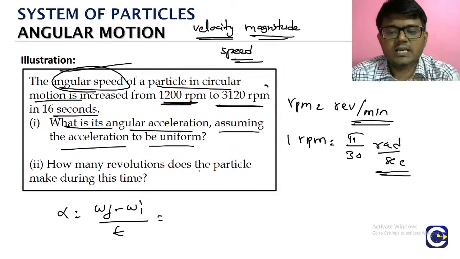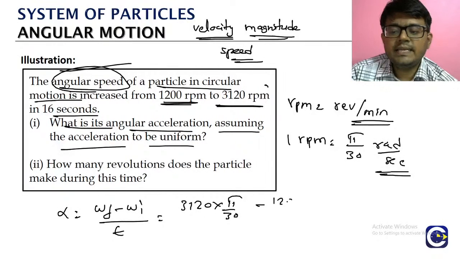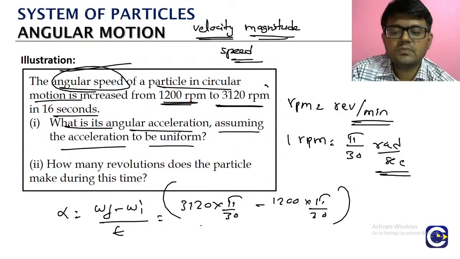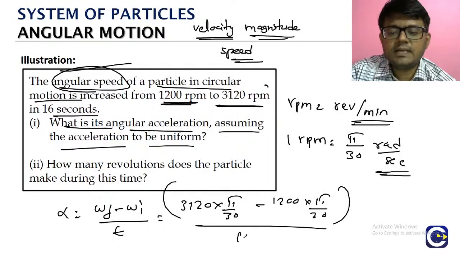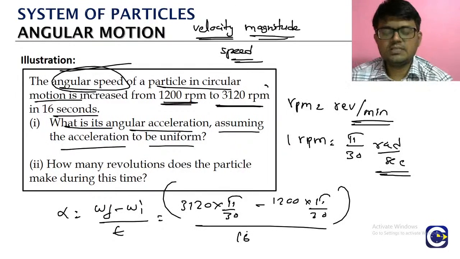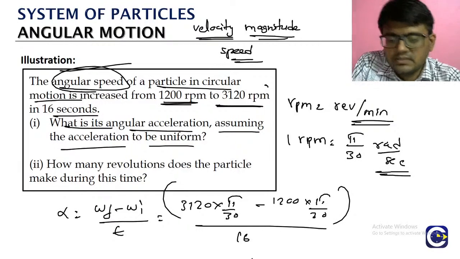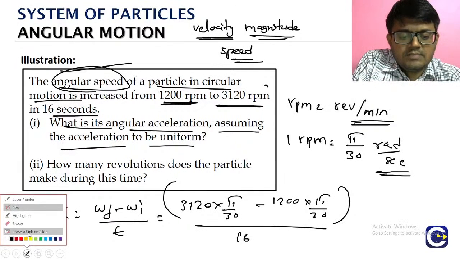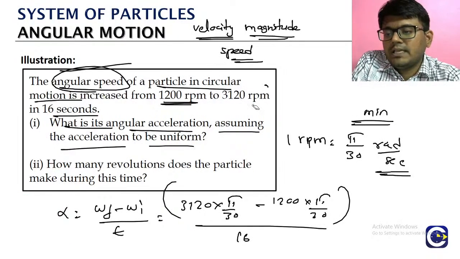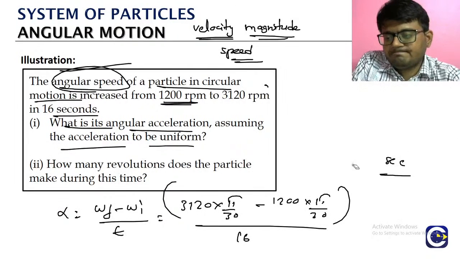So 3120 into pi by 30 minus 1200 into pi by 30, divided by the time, 16. This is our alpha value. Simplify and tell me. If we simplify this, we will get the alpha value.